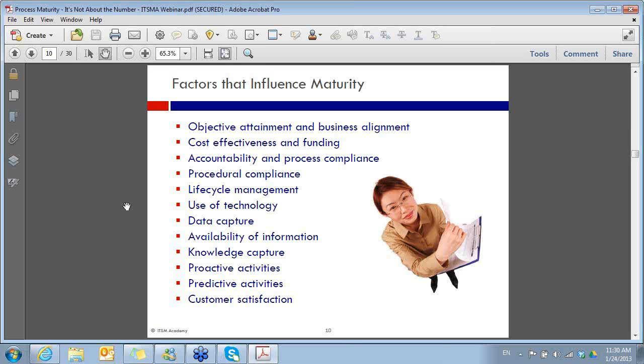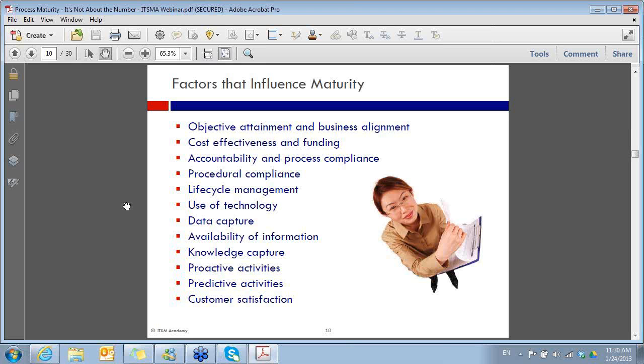So again, as I said before, with process maturity, very often you see these maturity scales of 0 through 5 or 1 through 5, which are very high-level views of maturity. And then maybe you've seen process assessment questionnaires, which tend to be very, very detailed, right? Because they're looking at what are the activities or practices that you should be doing within a given process, and they're very specific.